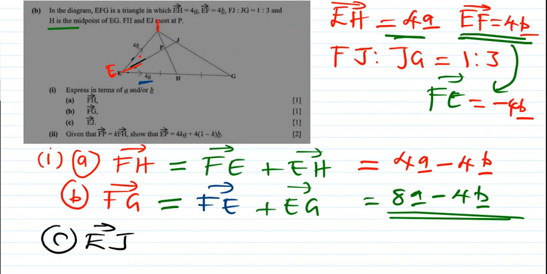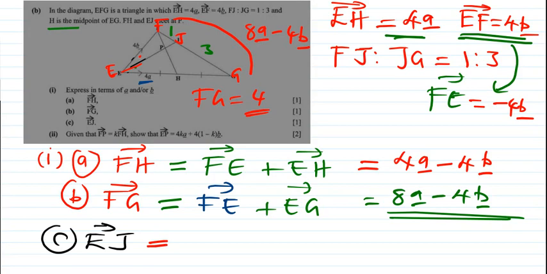We've got F, we've got J, we've got G. The total vector FG is 8a minus 4b. Now FJ to JG are in the ratio of 1 to 3, implying that the total ratio is 4.